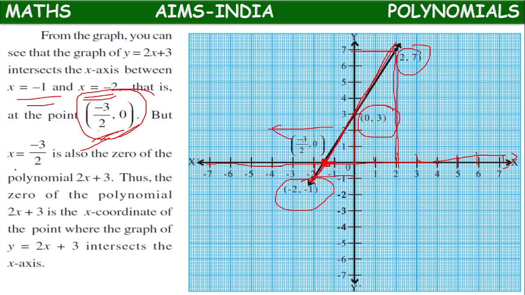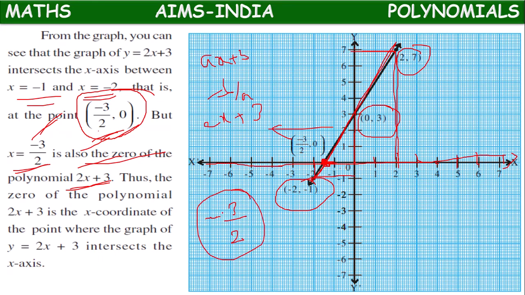So x equal to minus 3 by 2 is the 0 of the polynomial. For ax plus b, we said that minus b by a is the 0. So for 2x plus 3, minus 3 by 2 is the 0 according to normal methods, and we have proved the same through the graphical method also.